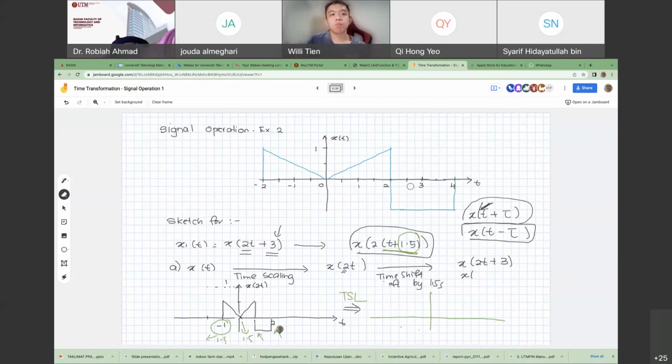Okay, so when 1, how is my scaling? So 1 minus 1 will go to 2.5.